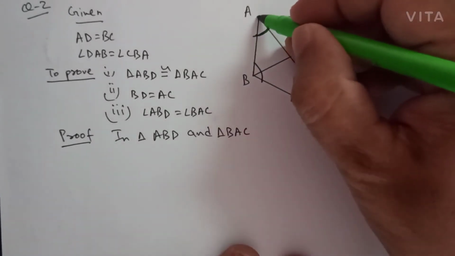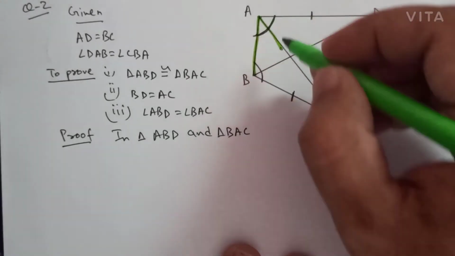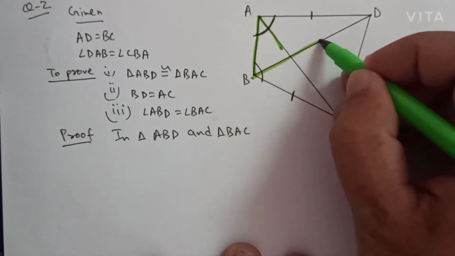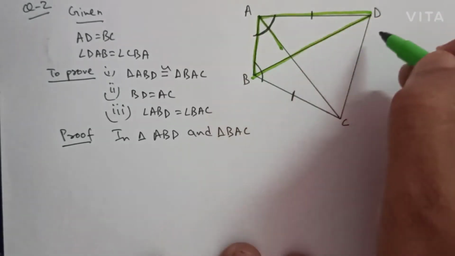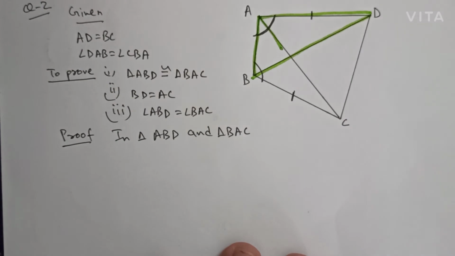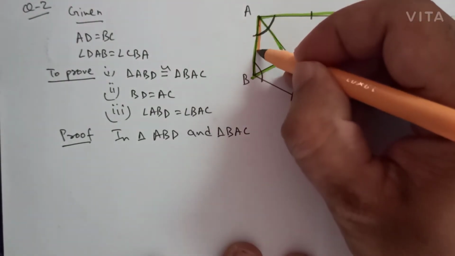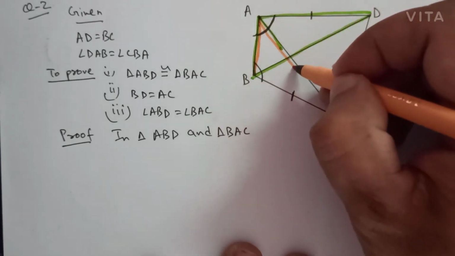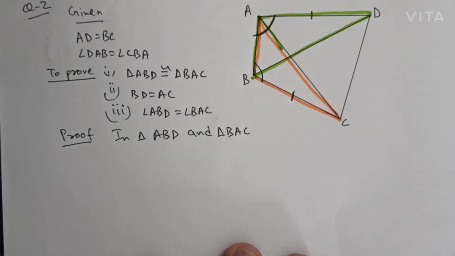So triangle ABD is this one, and the other triangle is triangle BAC. Okay, both the triangles are visible now.